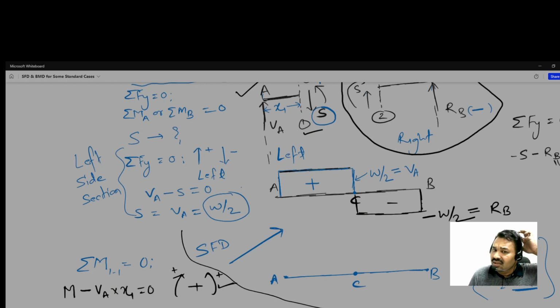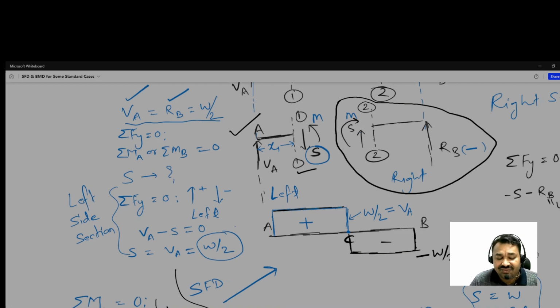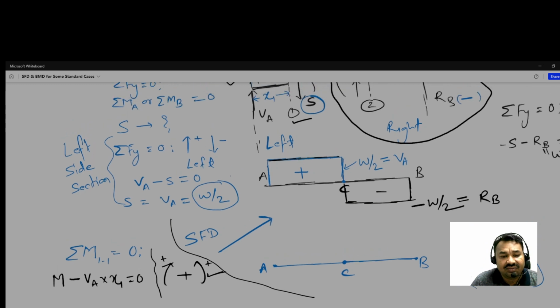And better to here what we do, this M is acting anti-clockwise and this V is acting clockwise. So here we have to balance, but if we look at the sign convention of bending moment, it is like this. But here we have to balance. So better to forget what is the sign convention for bending moment here. Okay, because same thing if you consider, then also no problem.